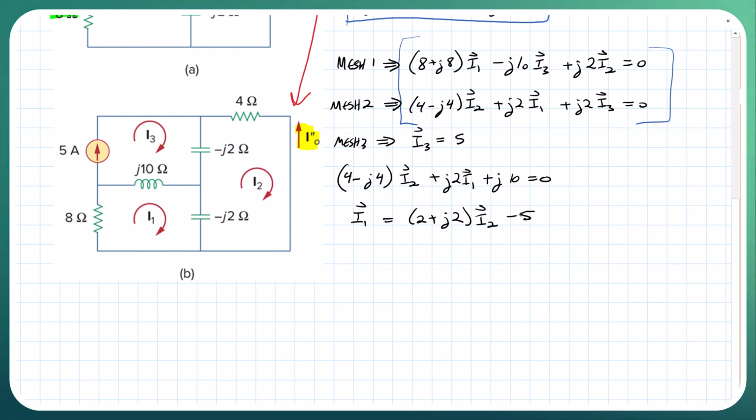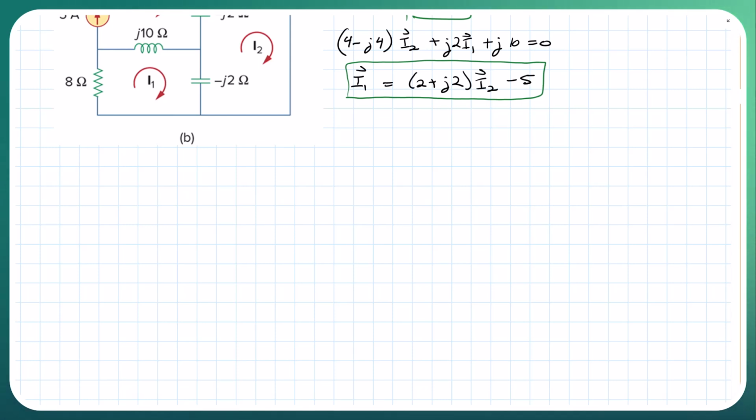Again, ensure that you understand how we're getting to this point. And now it's just a matter of substituting. I3 here is equal to 5, I1 is equal to this expression, and we just substitute into the previous equations and solve accordingly.